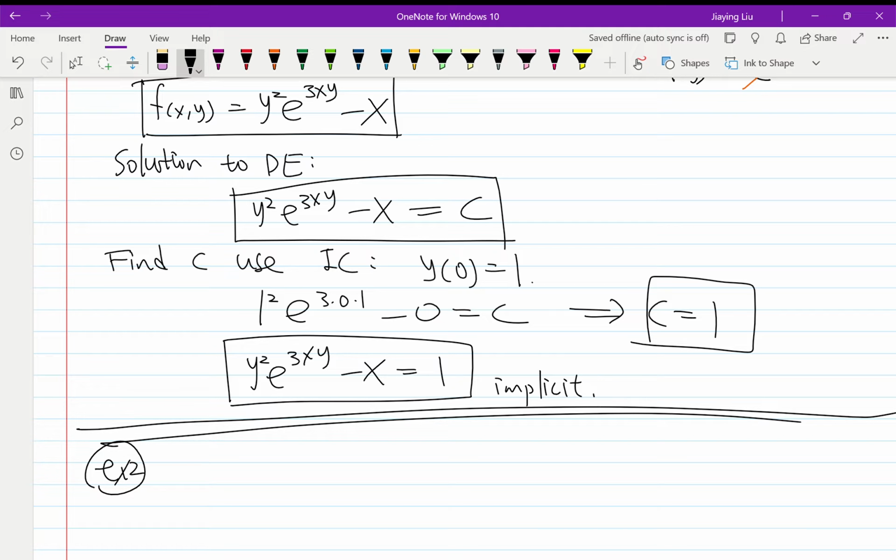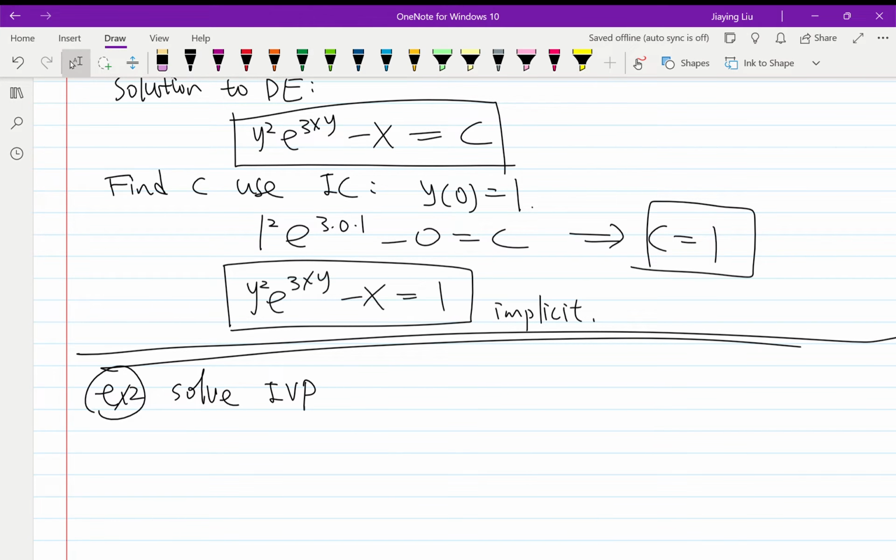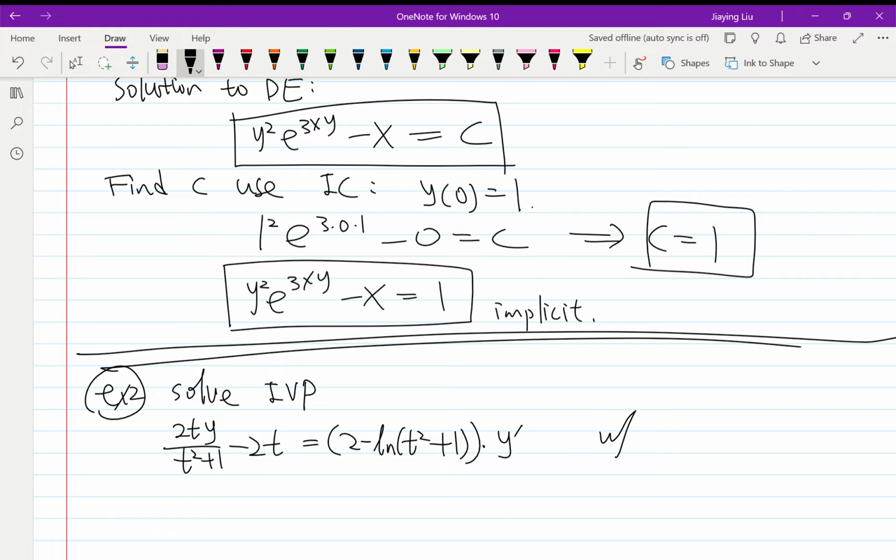So the second example is that we're going to solve an initial value problem just like before. 2ty over t squared plus 1 minus 2t equals parentheses 2 minus natural log of t squared plus 1 close parentheses y prime. The initial condition is y of 5 equals 0.